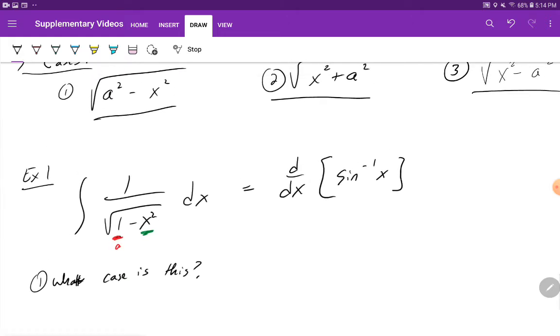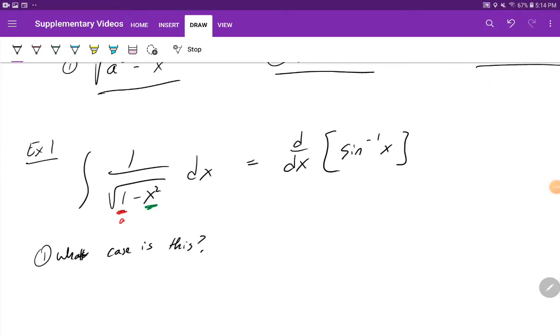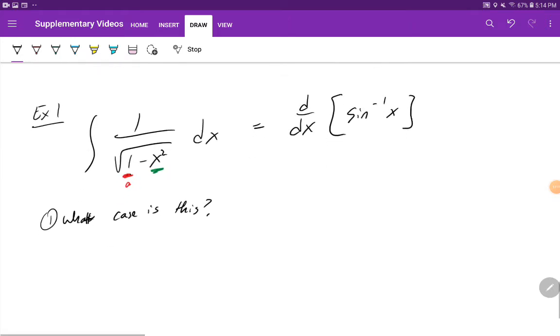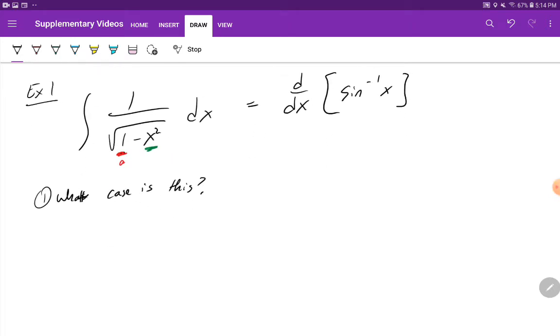Well, what happens under case 1? We have to recall our trig identities. We know that sine squared theta plus cos squared theta is equal to 1.